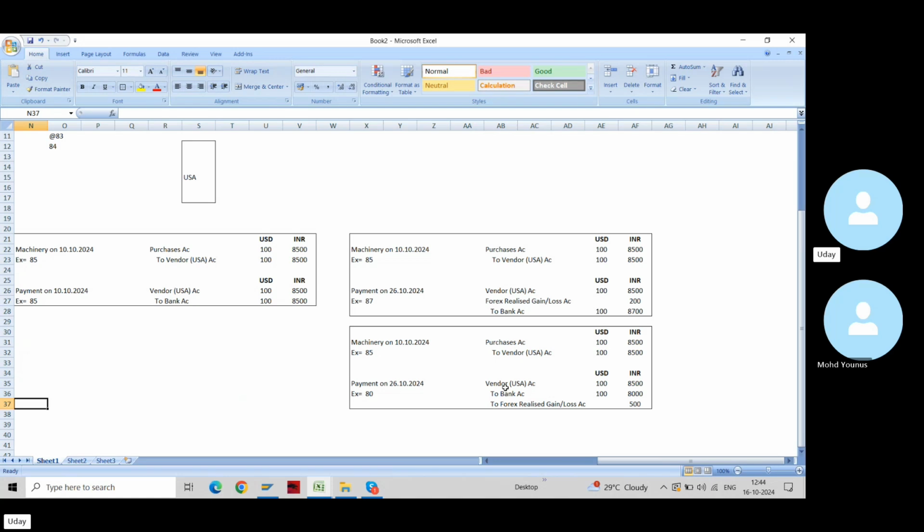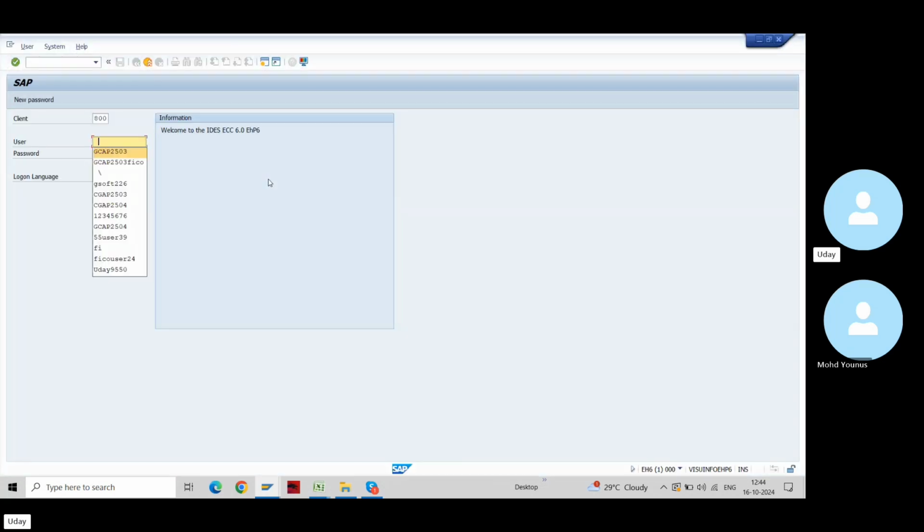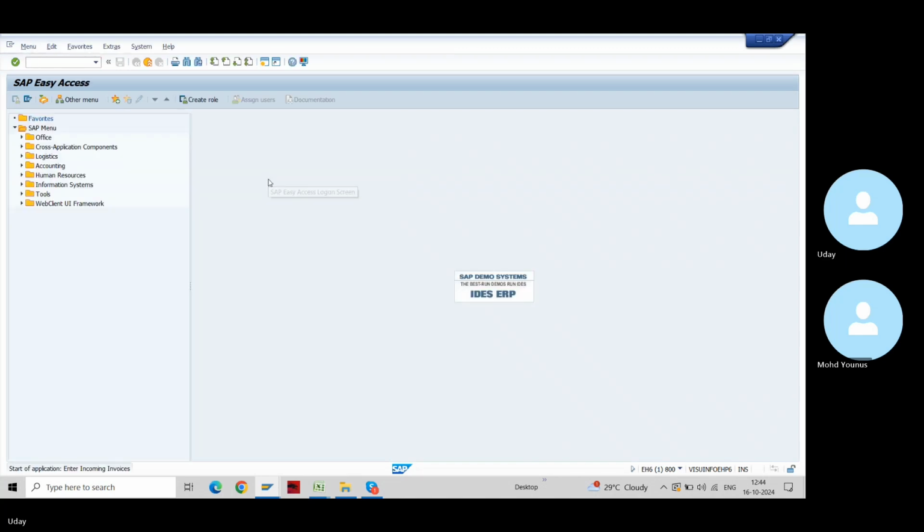So let's check some transactions. Let us go with transactions, one by one. FB60.